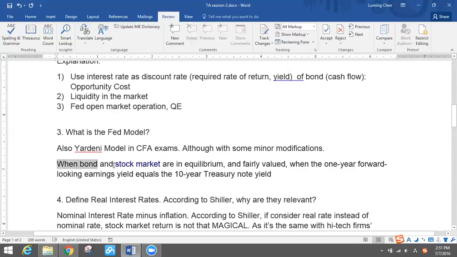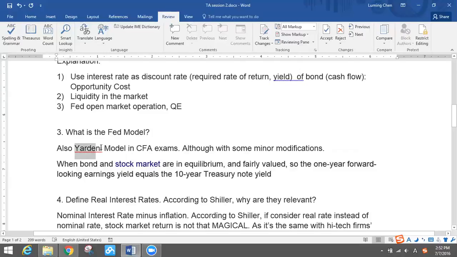So if the bond market and stock market are in equilibrium and fairly valued, the 1-year forward-looking earnings yield will equal the 10-year Treasury note yield. Excuse me, there's a typo.